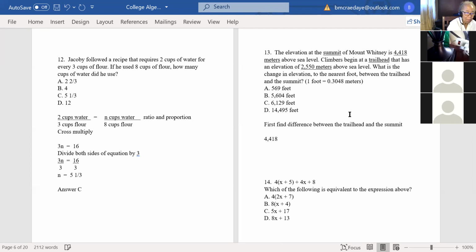4,418. And we want to subtract from it 2,550. Okay, this is a subtraction. So let's put that over.